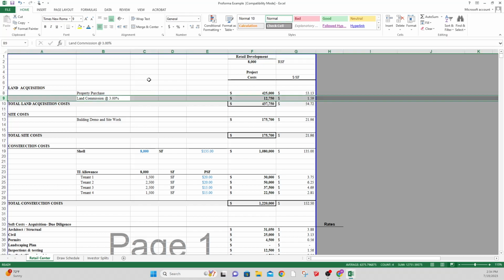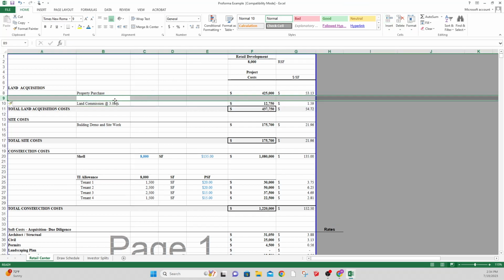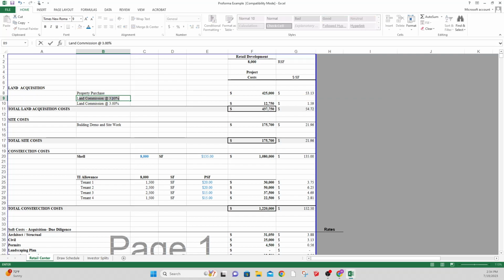So, for example, if you were going to pay off a lien on the property, let's say that's $5,000 or whatever, that would then get captured in that.